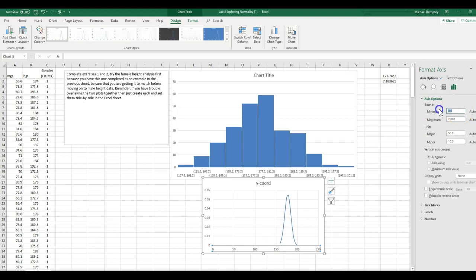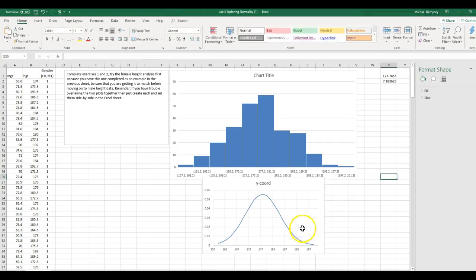There's nothing happening out there. How about if we start at 150, okay? And what if we go to, instead of 250, 210? Or even if we do it exactly pretty much the way we have it here, let's start at 157, and let's go to 201. All right? Now it kind of fits perfectly. Right? They're on the same scale.